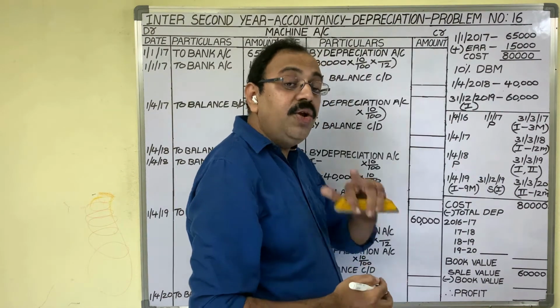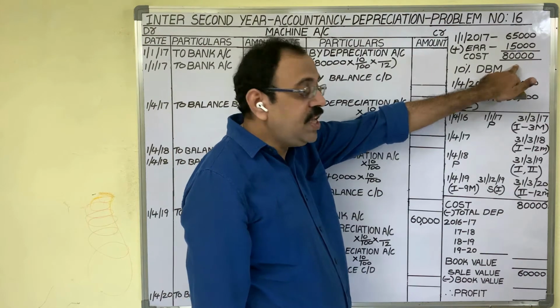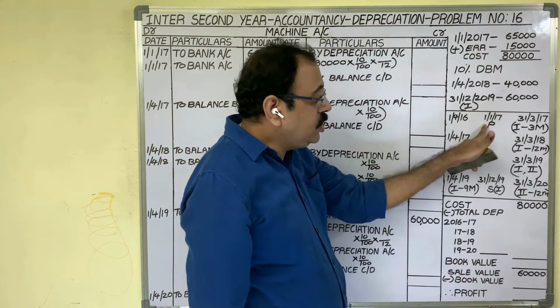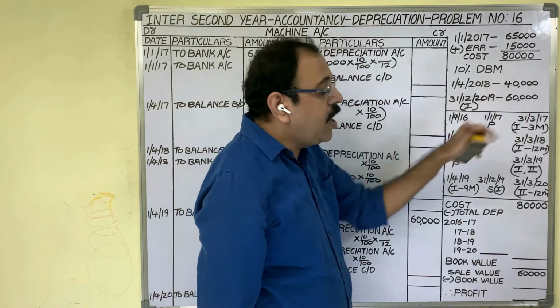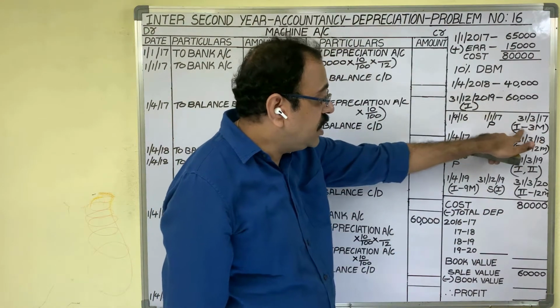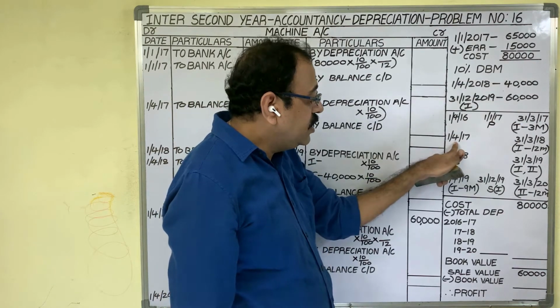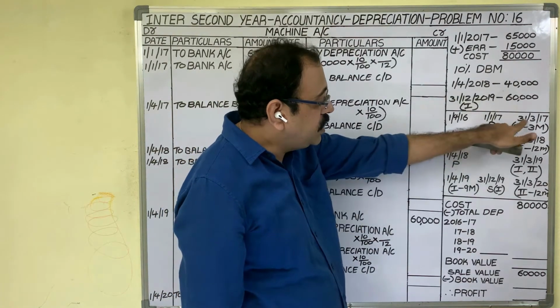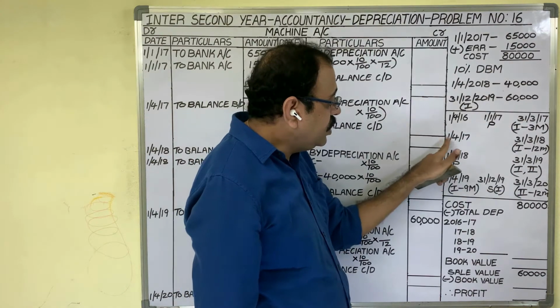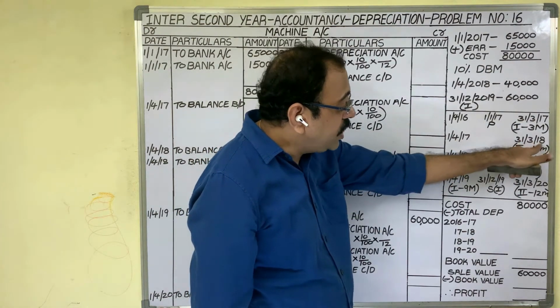So from when to when do they use this 80,000 rupee asset in the first year? January they used, February, March. Only for 3 months they use this first asset in the first year. Come to the second year. The second year starting date is the next immediate date, 1st April 17. Ending date is 31st March 18.